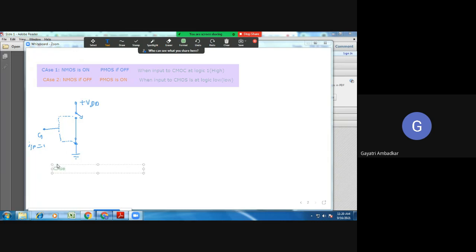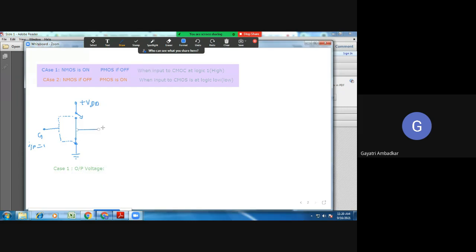Now can anybody tell me what is the output voltage in case 1? Where are we taking output? Here.